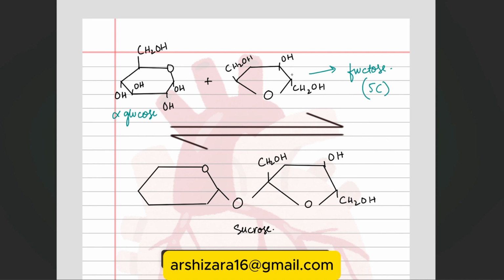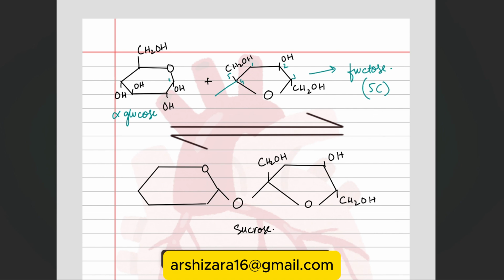Again, this is the ring: 1, 2, 3, 4, and 5. What's happening here is that the fourth carbon and the first carbon form a 1,4 linkage again, but the molecule is different.